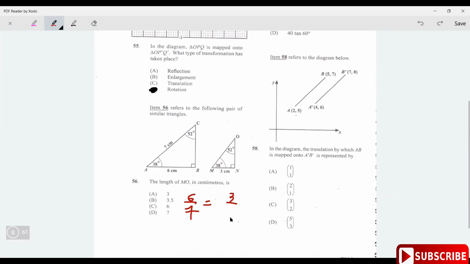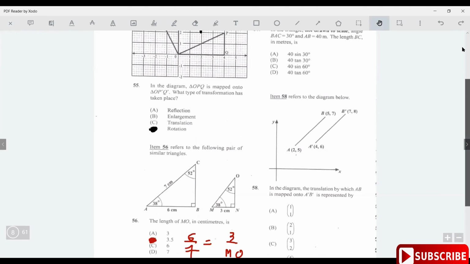And so you need to just transpose to make MO the subject, and so 6 times MO is equal to 3 times 7, which is 21. And so you divide both sides by 6, and so MO is 21 over 6. Now what is 21 over 6? 3 into 21, 7 times, 3 into 6, 2 times, so that's 7 over 2. 7 over 2 is 3.5. Easy question, solved.